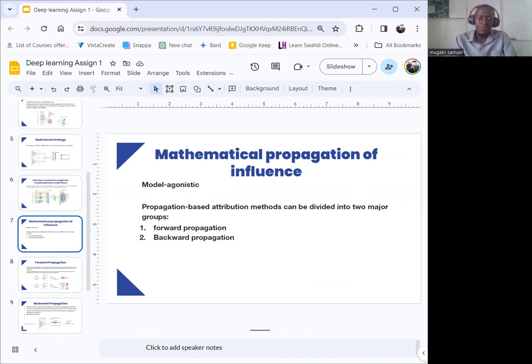This is useful because it overcomes the problems of individual models. For example, if you use a specific strategy, it has its own challenges. Another has its own challenges, but they wanted a model agnostic approach. And these were divided into two major groups: forward propagation and backward propagation.